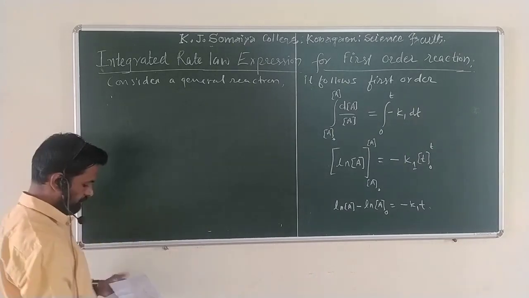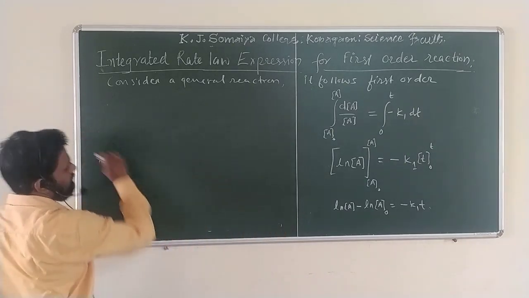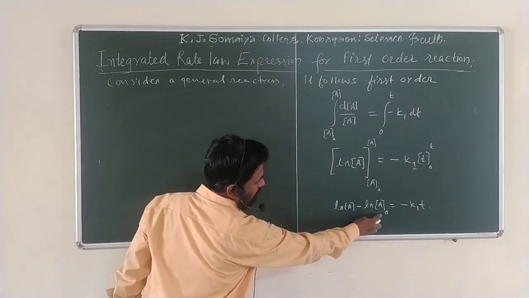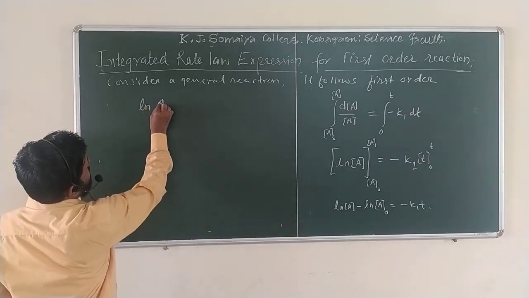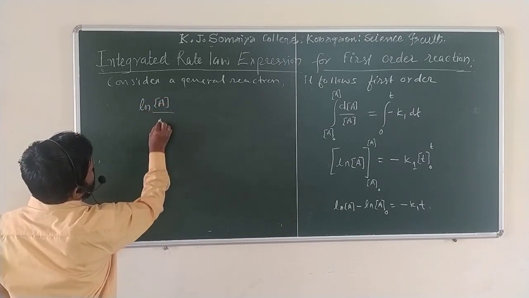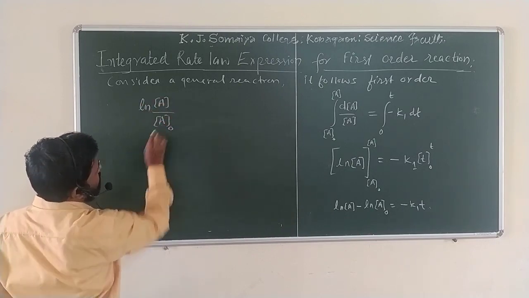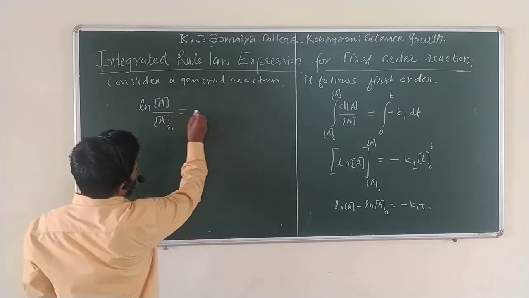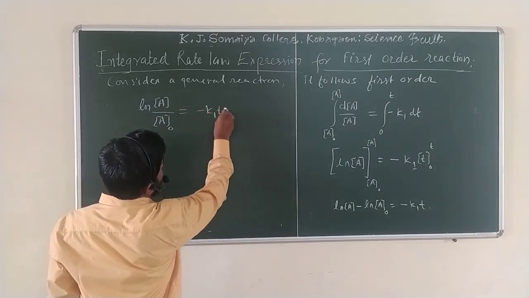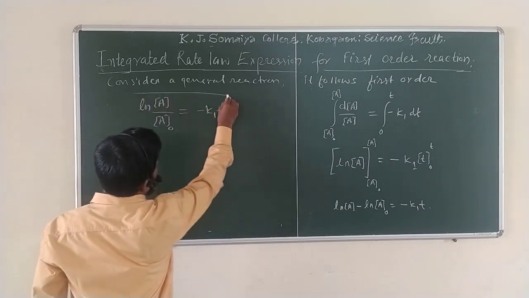Now we arrange this equation: ln A minus ln A0 can be written as ln of concentration of A upon concentration of A0. This is a simple logarithm rule: when subtraction is there, it can be divided. It is equal to minus K1 t.